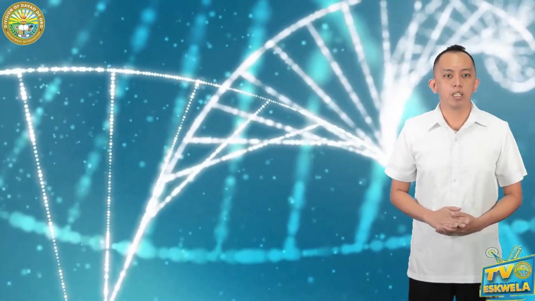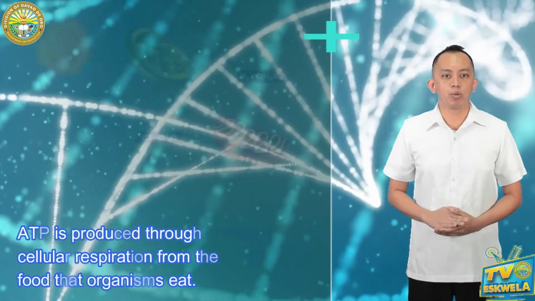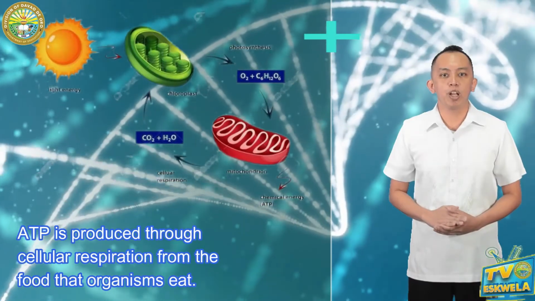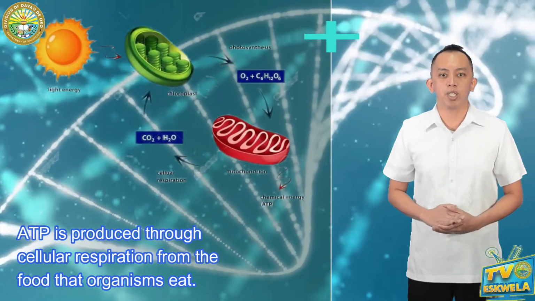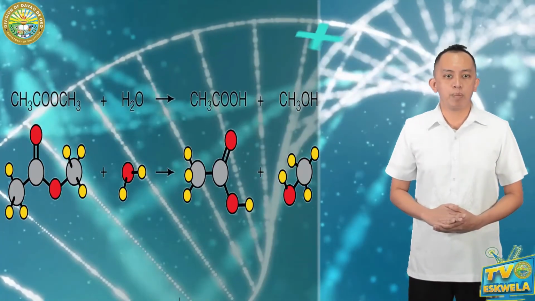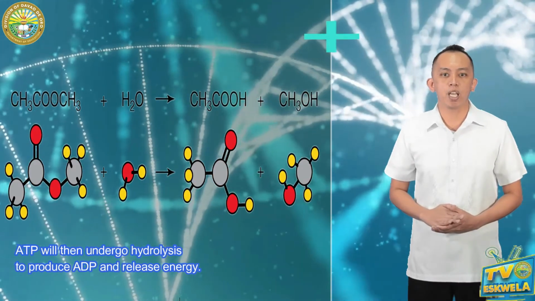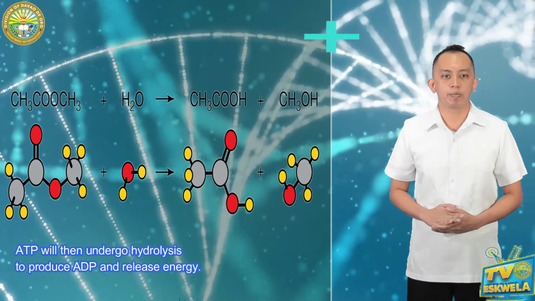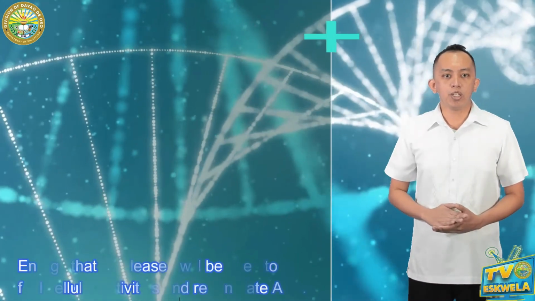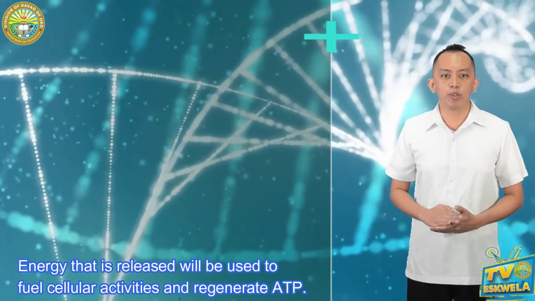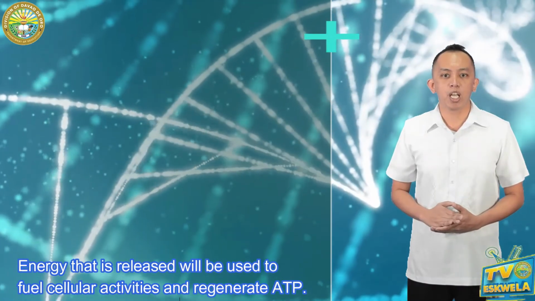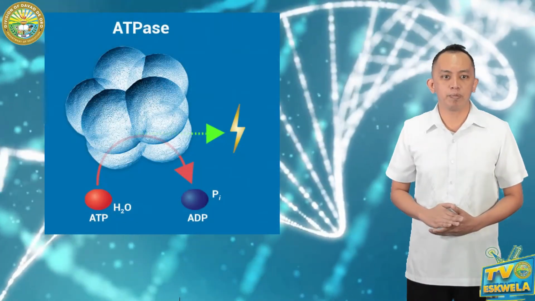In summary, ATP is produced through cellular respiration from the food that organisms eat. ATP will then undergo hydrolysis to produce ADP and release energy. Energy that is released will be used to fuel cellular activities and regenerate ATP.